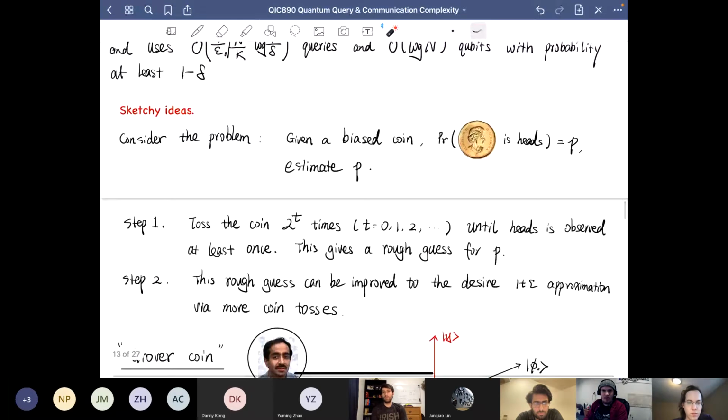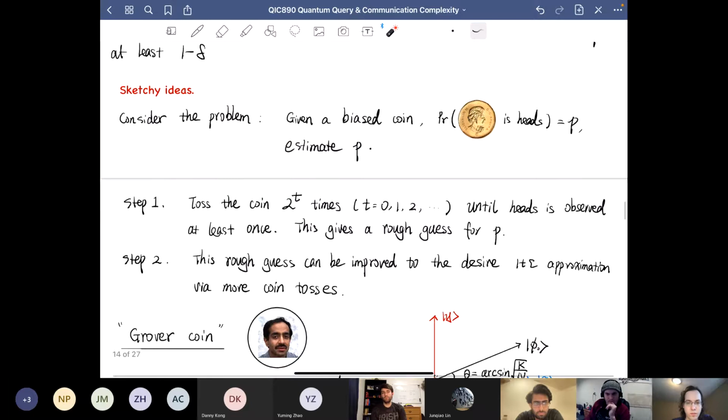So first, let's consider a classical problem. Given a biased coin, which is heads with probability p, your task is to estimate p. This task is extremely easy. You just toss the coin 2 to the t times, with t ranging over 0, 1, 2, and so on, until you observe heads at least once.